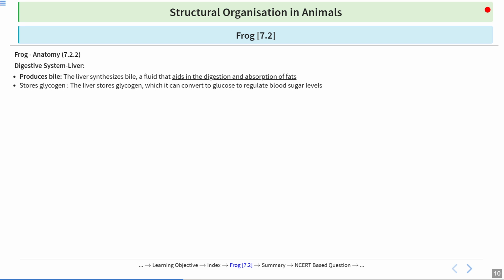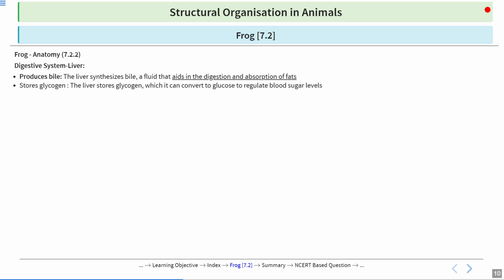In the plant, the extra glucose is stored in the form of starch, and in animals, the extra glucose is stored in the form of glycogen. It is converted into glycogen and stored in the liver. This stored glycogen is going to help the frog at the time of hibernation and estivation, because at that time it does not take any food, it just sleeps, but it requires some basic energy.